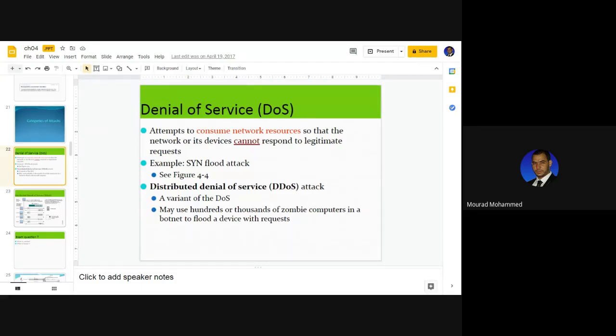Denial of service is one of the categories classifying all the network attacks that cause a service to be unresponsive. What does it mean? Any attack on a network that causes a service to be not available is classified as a denial of service attack. In the sense that you are trying to open a website, for example, favabay.com, and it does not open.